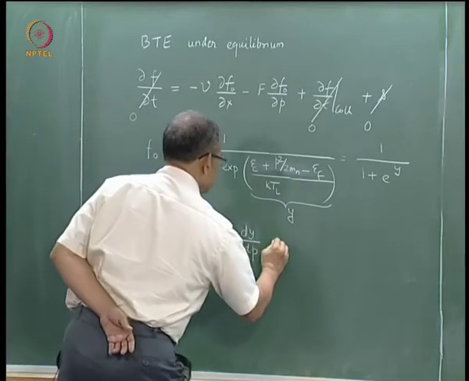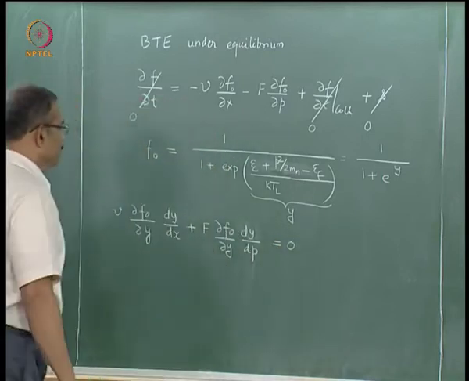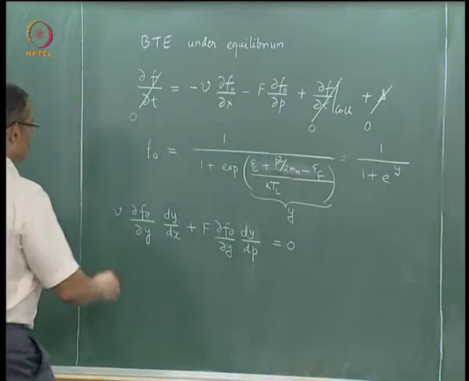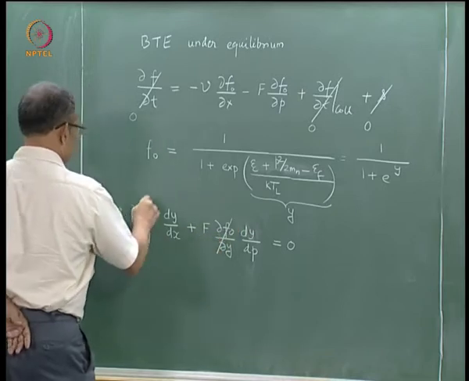And this is equal to 0. Now I can cancel out this dou f naught by dou y.